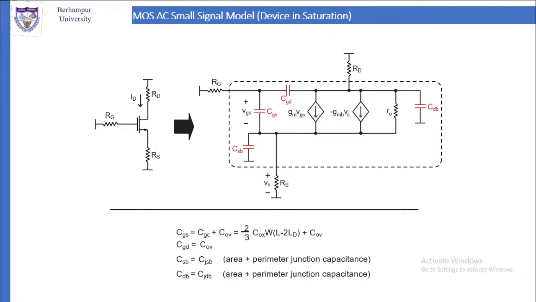CGS, gate to source, CGD, then CGB and CSB. If you remember the previous figure, from that figure we know where to add the capacitances. So we add these capacitances. This gives us the complete small signal model considering the capacitances.